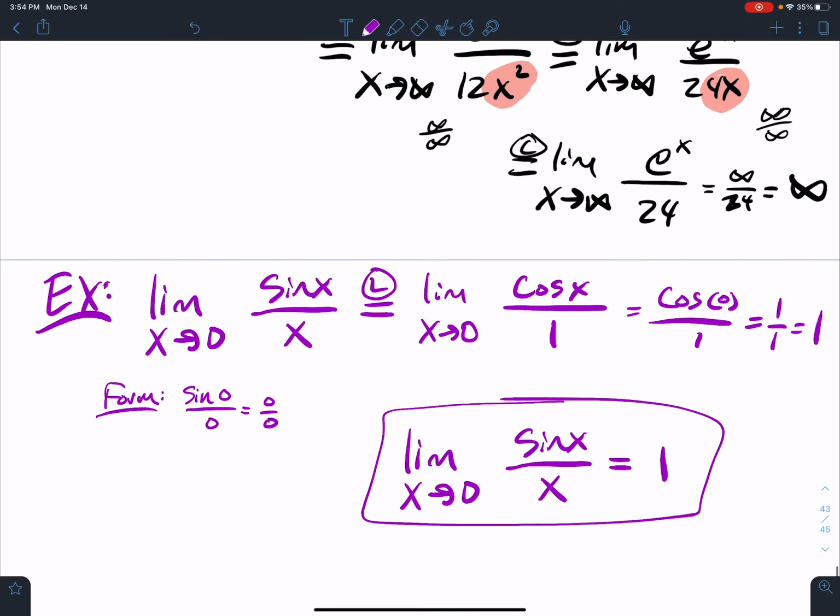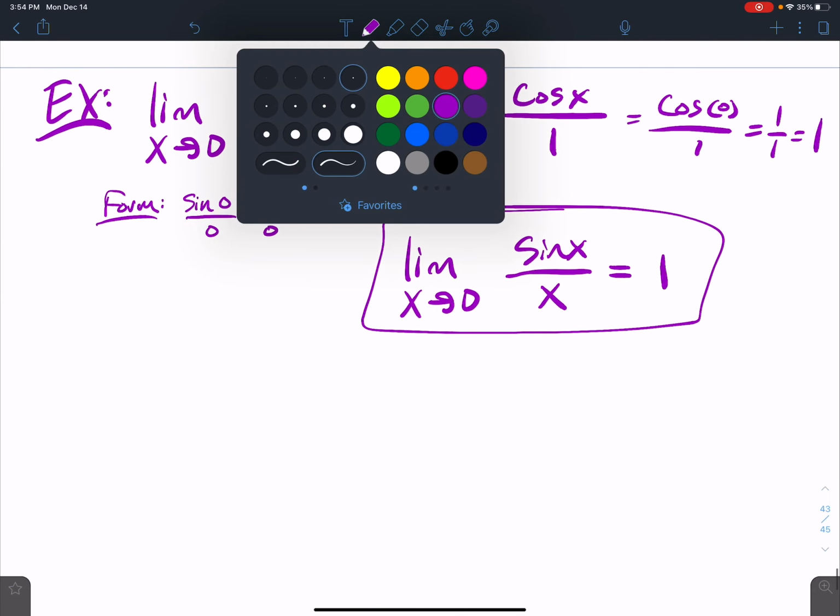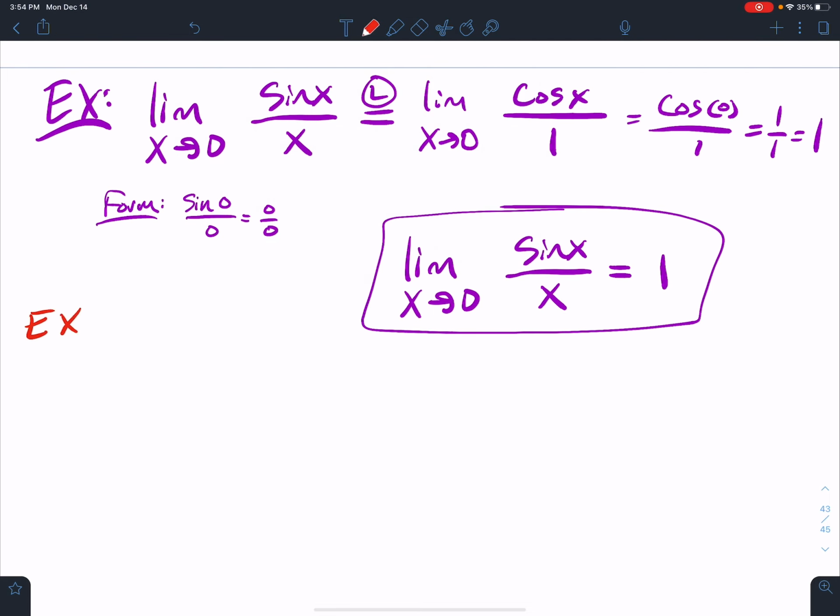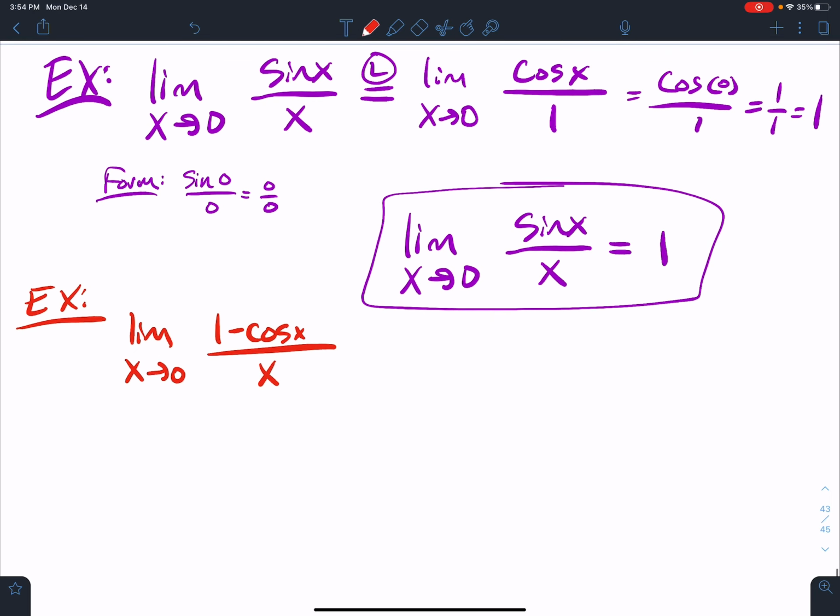Something that you had memorized, now you can actually solve. Then the limit as x goes to 0 of 1 minus cosine x over x. Once again, when I plug in 0, I get 1 minus cosine of 0 over 0, so it's 1 minus 1 over 0. 0 over 0 is the form. Since it's indeterminate, I'm going to use L'Hopital.